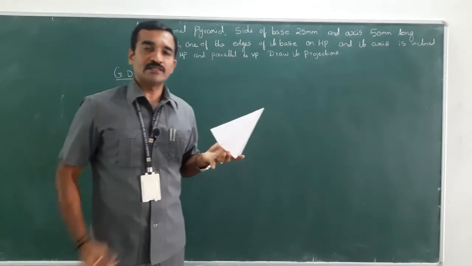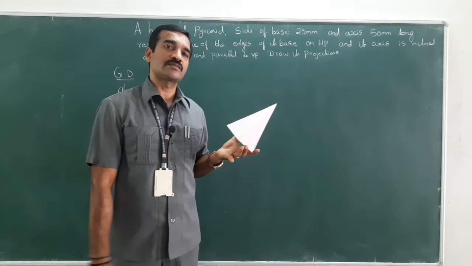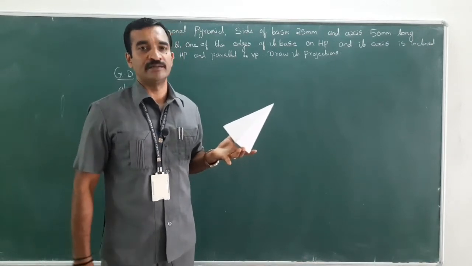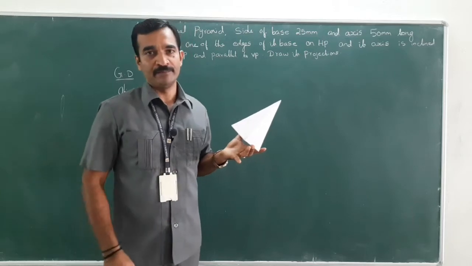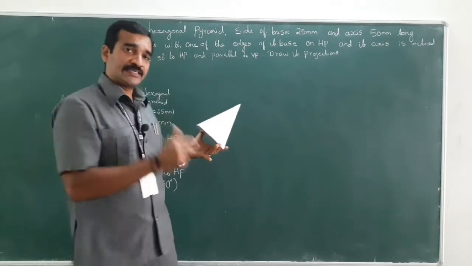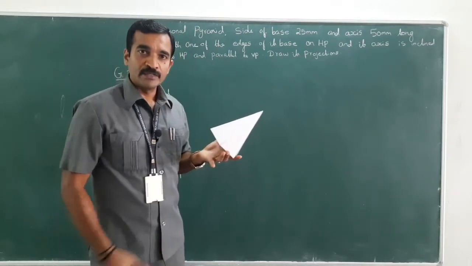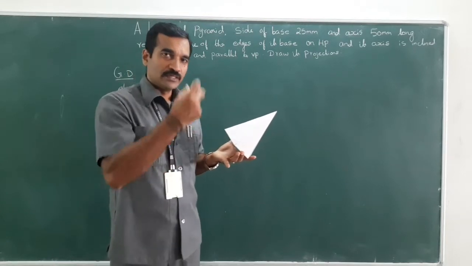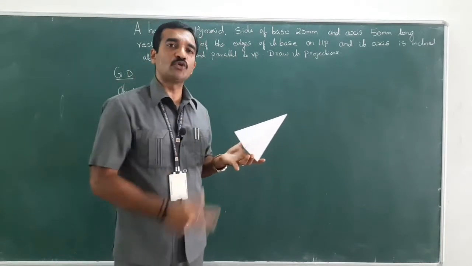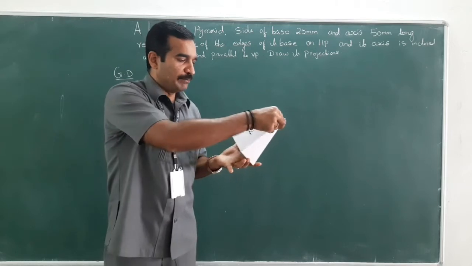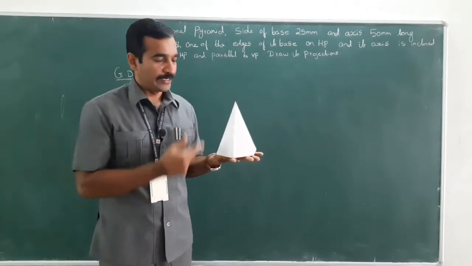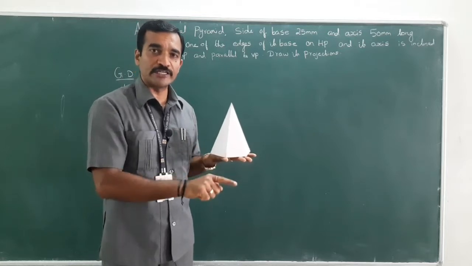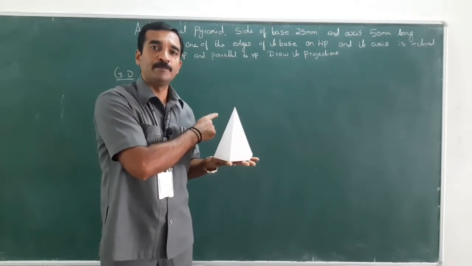So what are the assumptions? There would be 2 stages. The initial stage could be the simple position, where the axis should be perpendicular to any one of the planes. Here the axis is inclined to HP. In order to draw the true shape, the axis should be perpendicular to any one of the planes. If I make this inclination 90 degree, now the axis is perpendicular to HP and parallel to VP.